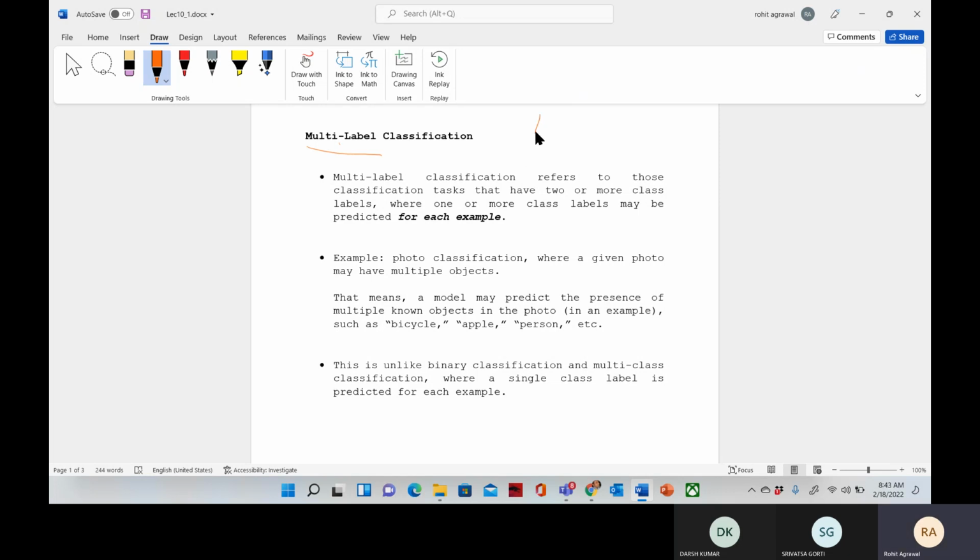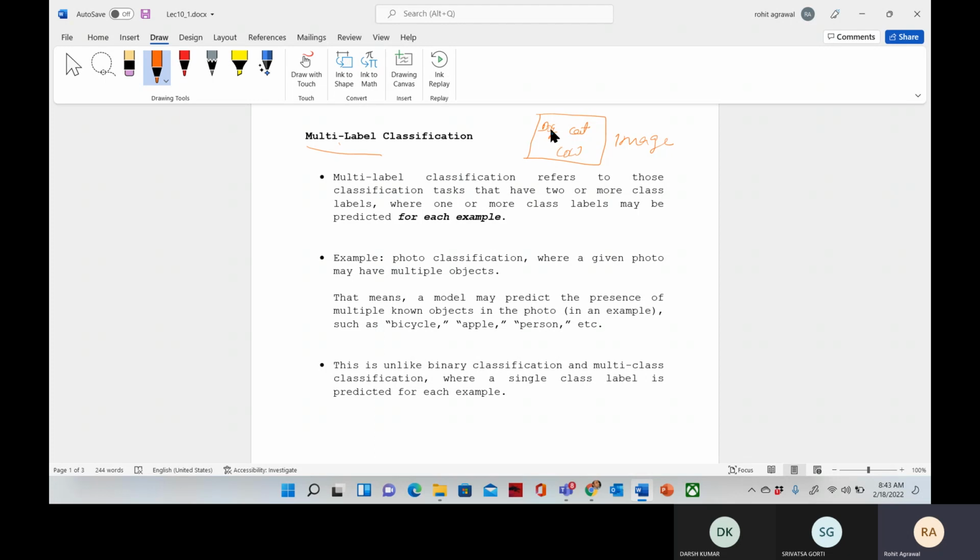Say here. Okay, suppose you have an image, only one image, and in this image you have a dog. In this image you also have a cat, and you also have a cow. And you have a lot of images.